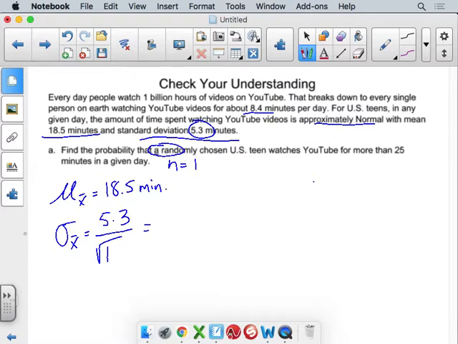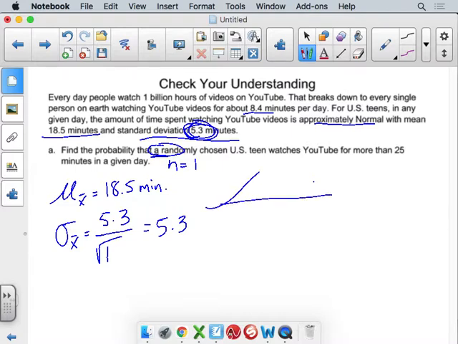The square root of 1 is 1, and you divide by 1, so this is just 5.3, because it was a sample size of 1. But don't always just use this number first. It gets tricky, so always take into account your sample size, because if we do a sample size of 10, like what we're going to do below, it changes. So take a moment to write down the square root of 1, and then that's your standard deviation.